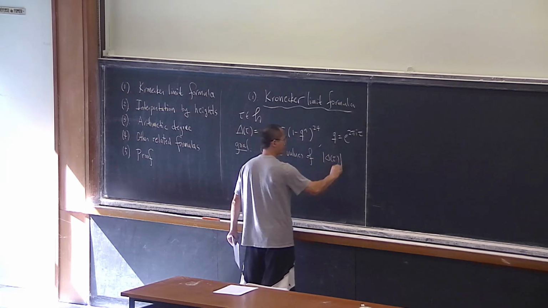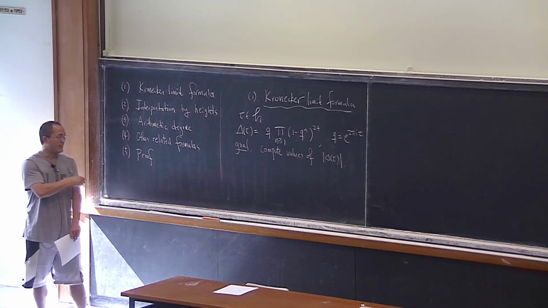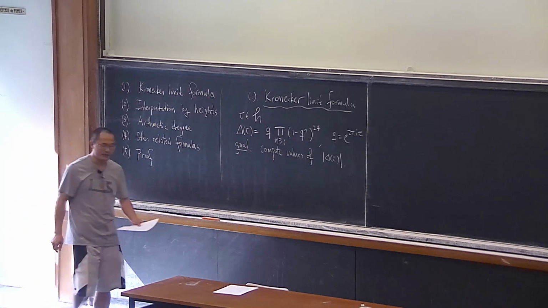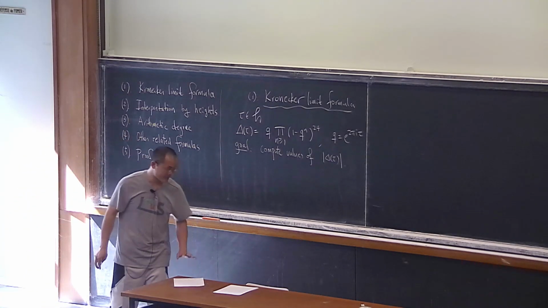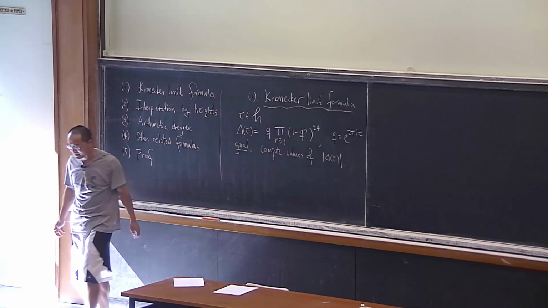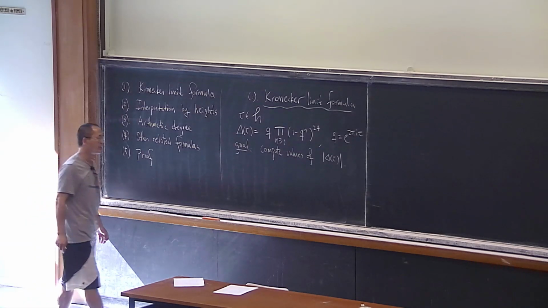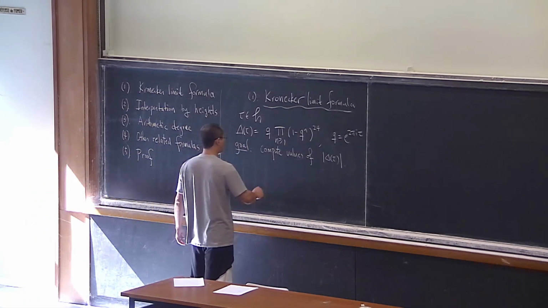Actually, we can only compute the absolute value. And the absolute value is not exactly invariant because this delta has weight 12, not exactly invariant under the action of SL2Z.